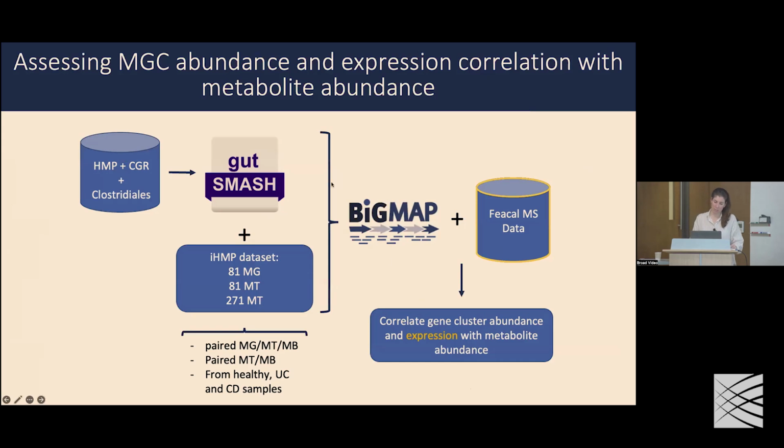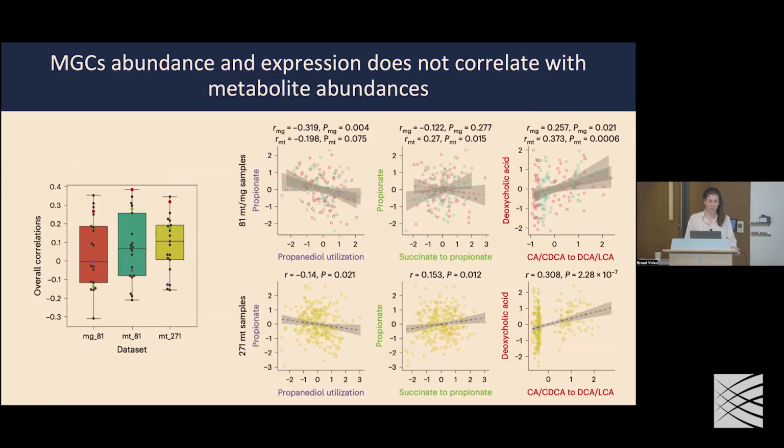And this was together with the gene clusters predicted by gutSMASH, which we used as input for BiG-MAP, and then with the fecal MS data, we did the same analysis to be able to correlate the gene cluster abundance and expression with the metabolite abundance. And these are the results. In this first plot, we have an overall correlation plot.